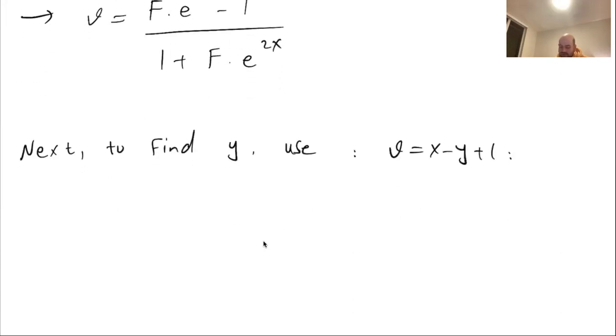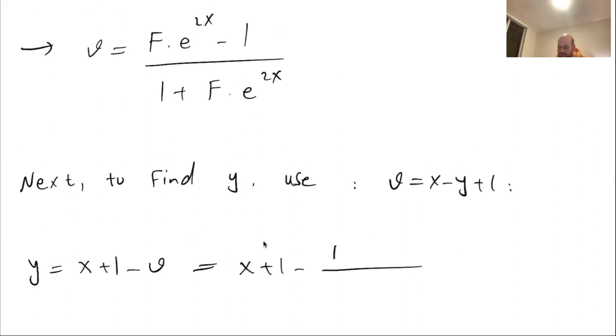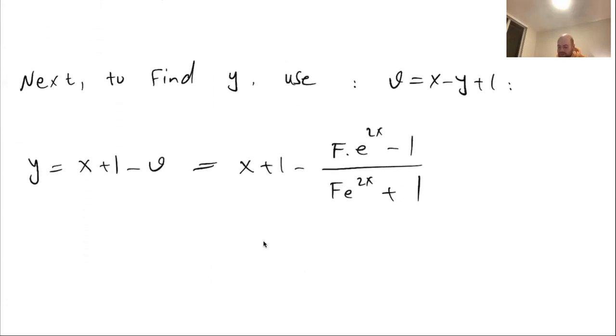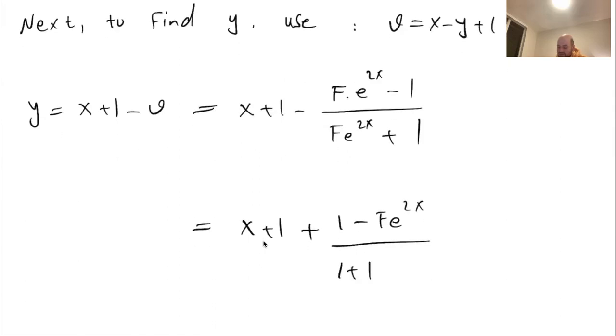So y will be x plus 1 minus v, and that's going to be x plus 1 minus this expression here, f e to the power 2x minus 1 over f e to the power 2x plus 1. And we can write this one as x plus 1 plus 1 minus f e to the power 2x divided by 1 plus f e to the power 2x.